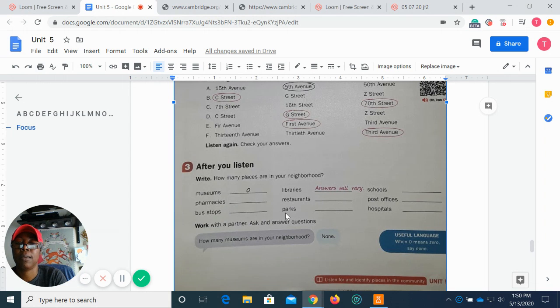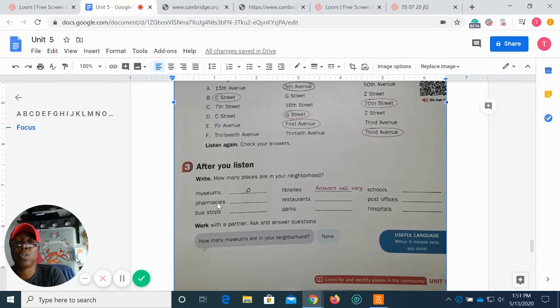Parks. Schools. Post offices. Hospitals.